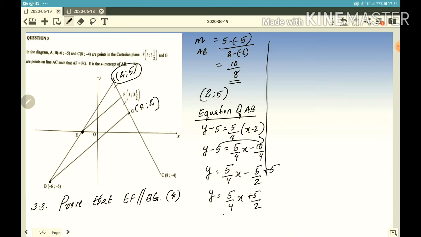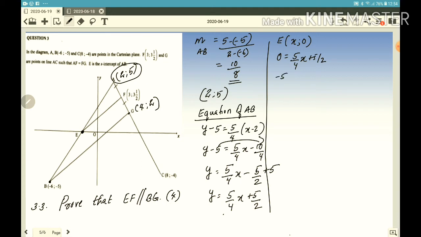Now I am looking for the coordinates of E. I already know that E is the x-intercept, which means the y value is 0. I have to find the x value. Make y 0 in the equation. That's how we find the x-intercept. That is 0 is equal to 5 over 4 x plus 5 over 2. Now solve it.